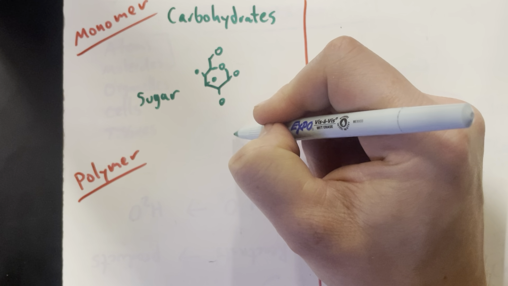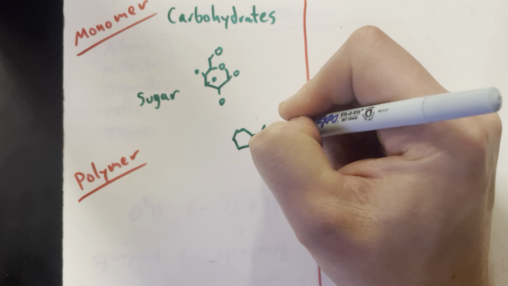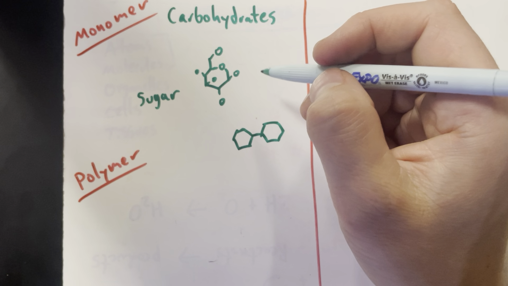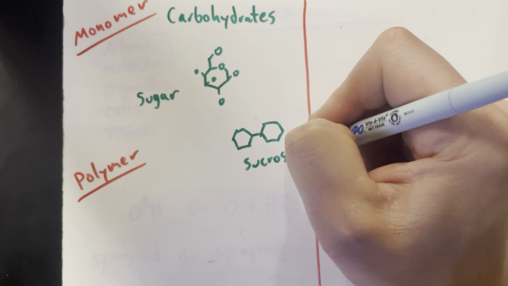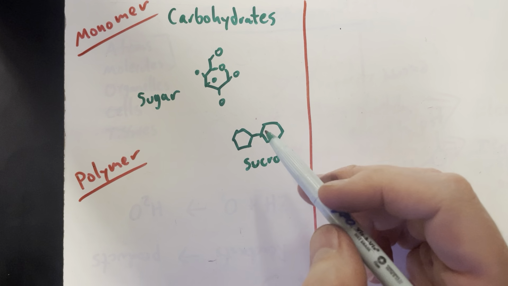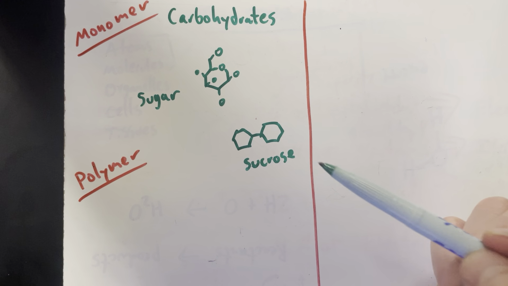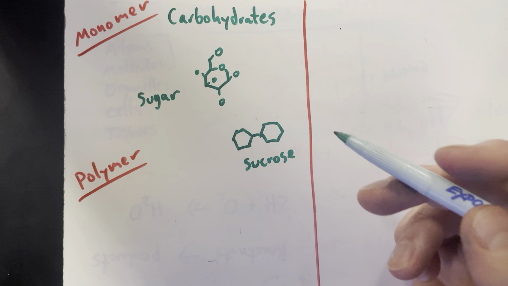It's called a dimer, something like that. This would be sucrose, which I think is fructose plus dextrose. Anyway, there's a slightly different name for each little tiny change in the molecular formula. But sucrose is two sugar molecules put together, basically.